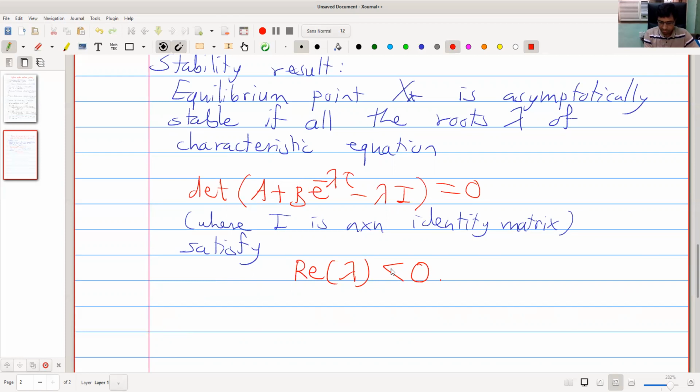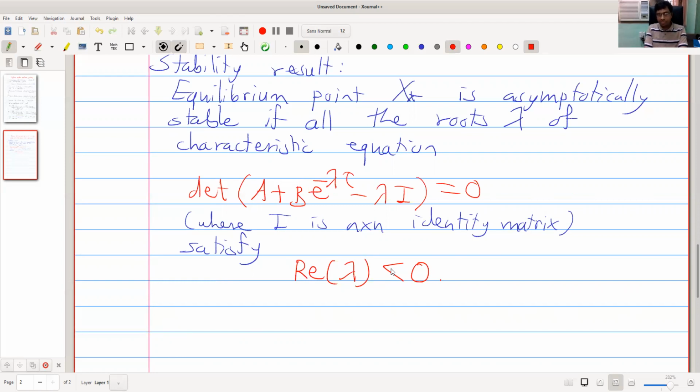Now we know that this is a transcendental equation, and in general it may be difficult to verify this condition. In the one dimensional case we developed bifurcation analysis. We used the coefficients A and B, and in the AB plane we discussed three parts.